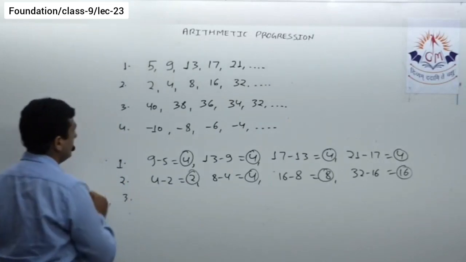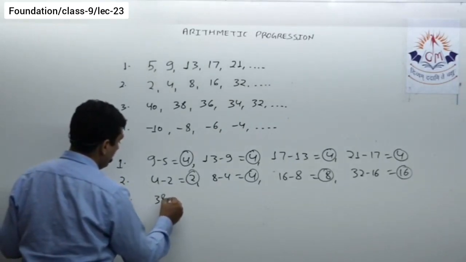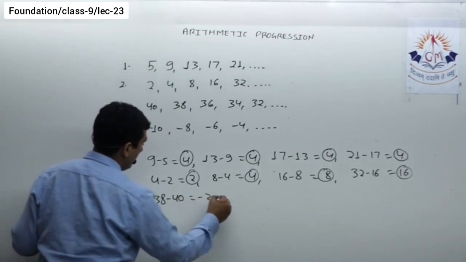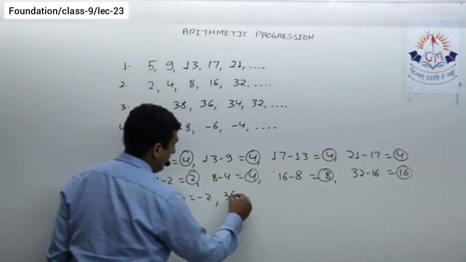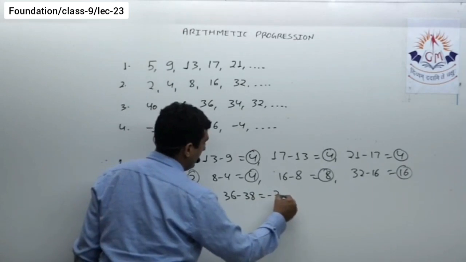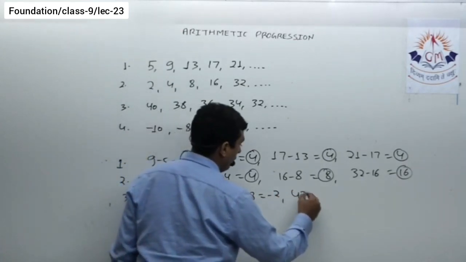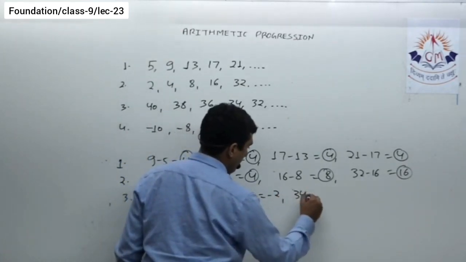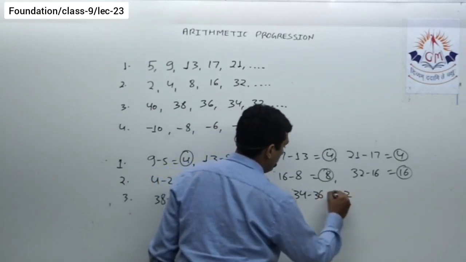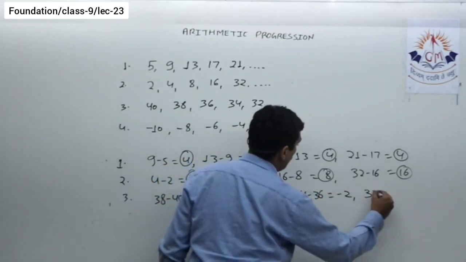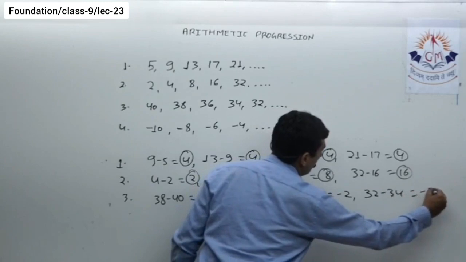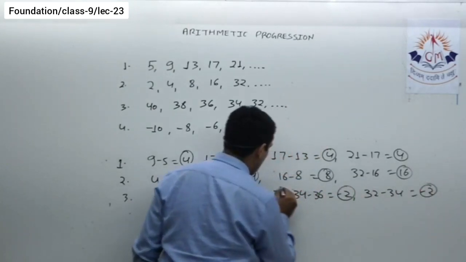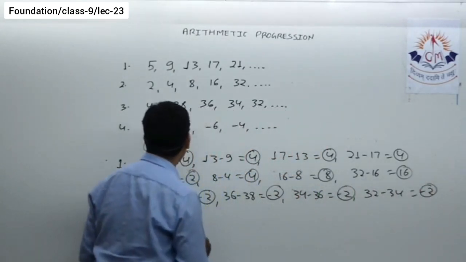Let us see for the third one. 38 minus 40, minus 2. 36 minus 38, minus 2. 34 minus 36, minus 2. 32 minus 34, minus 2. So here you can see the difference is the same.